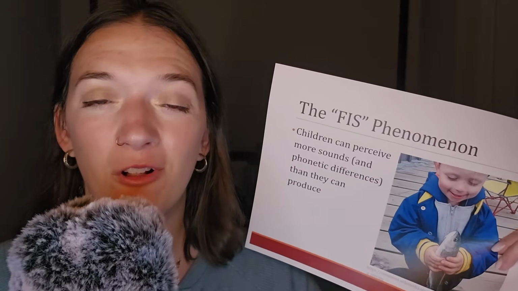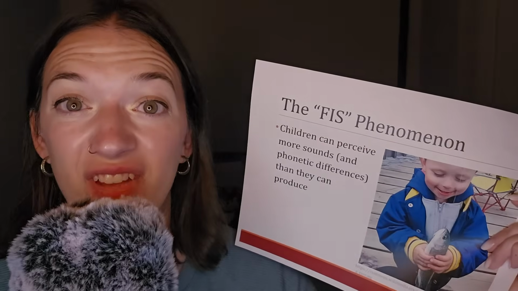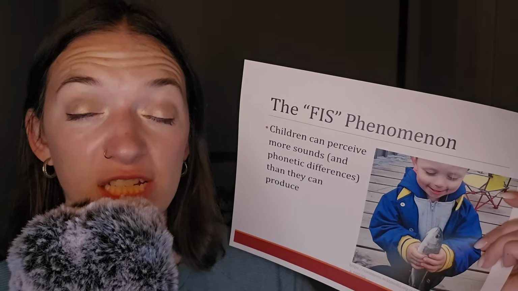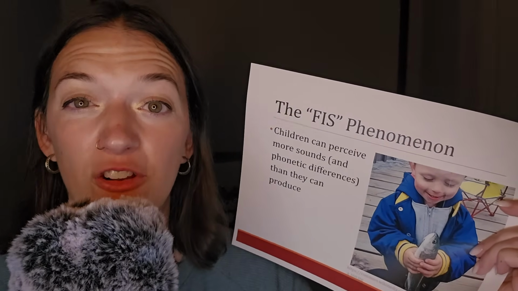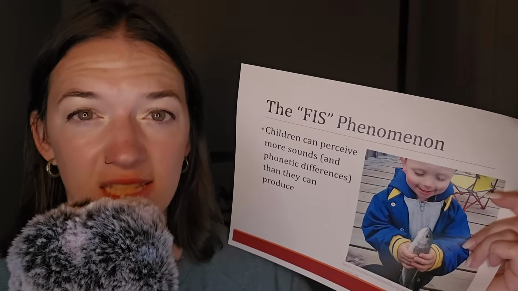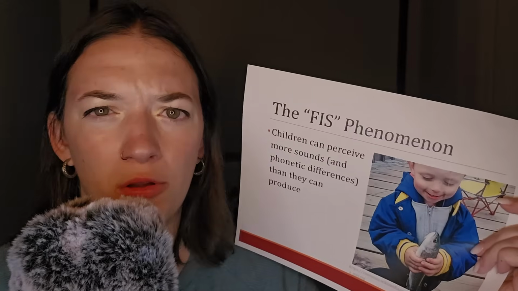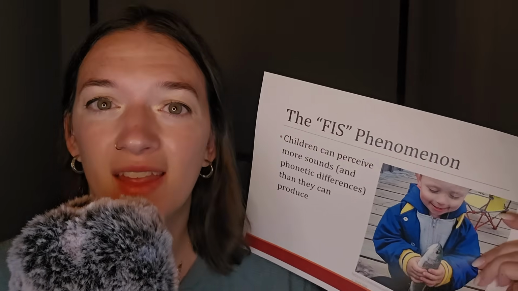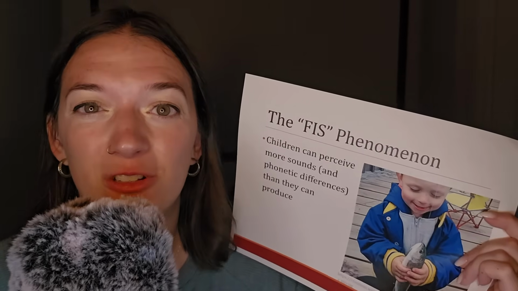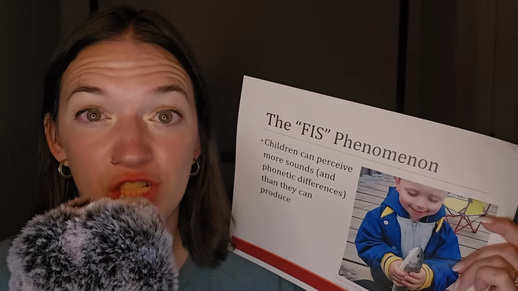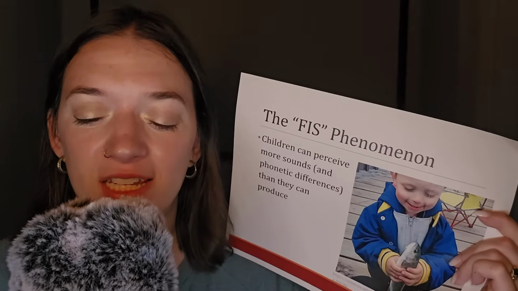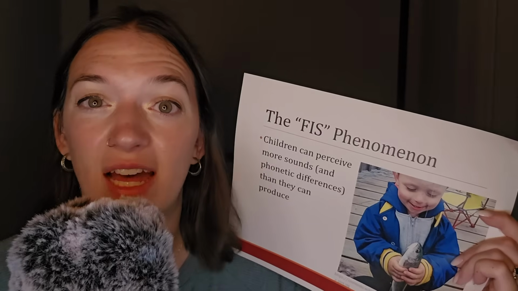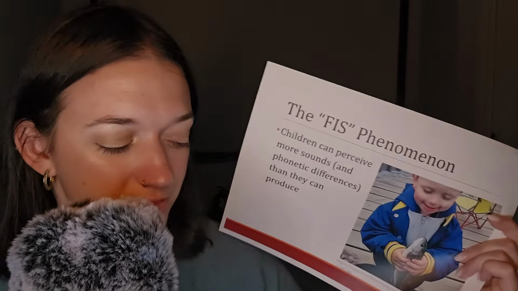So for example, a child is likely to say fis instead of fish. However, if they hear an adult say fis, they'll say no, no, no, no, no, not fis, fish. Because they can hear that an adult should be saying fish. However, they don't yet have the ability to produce that sh sound.